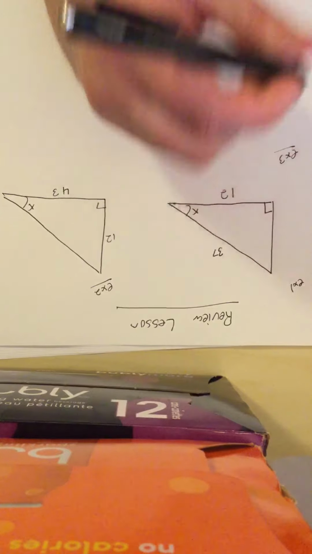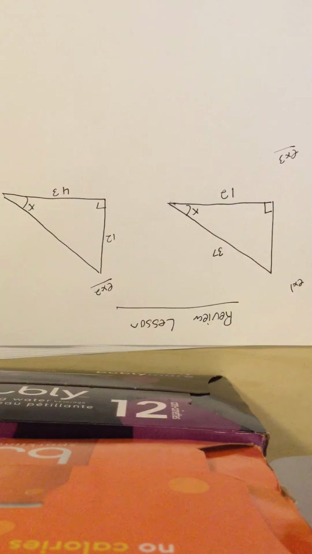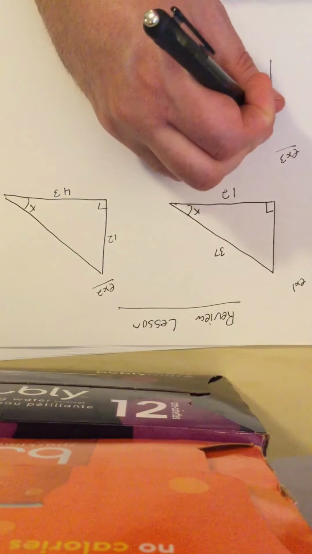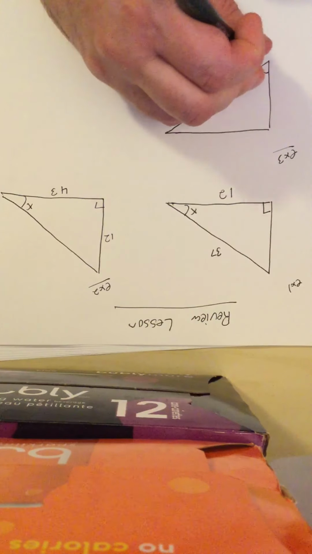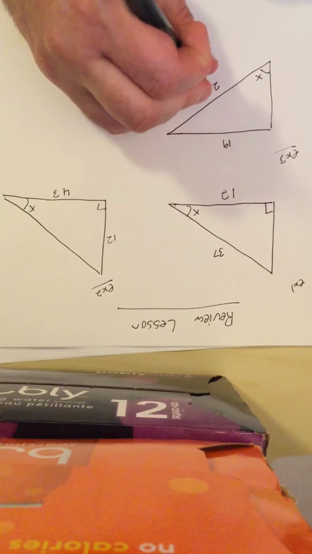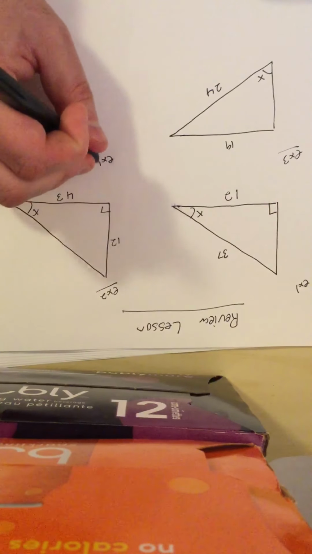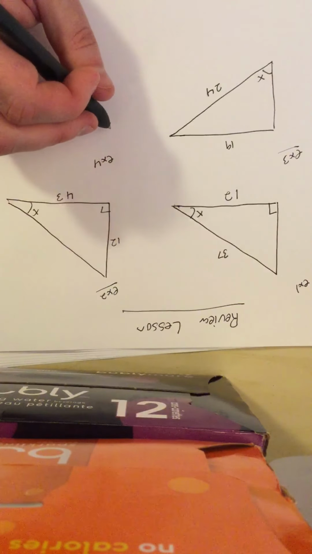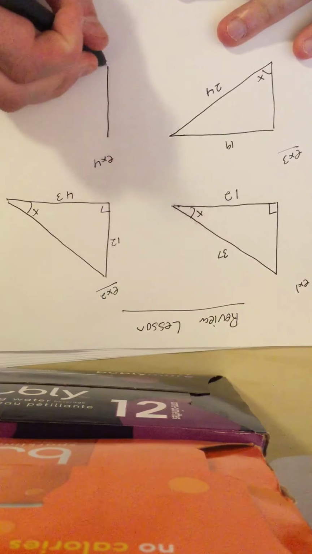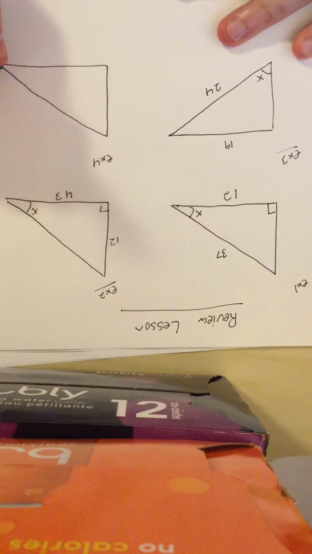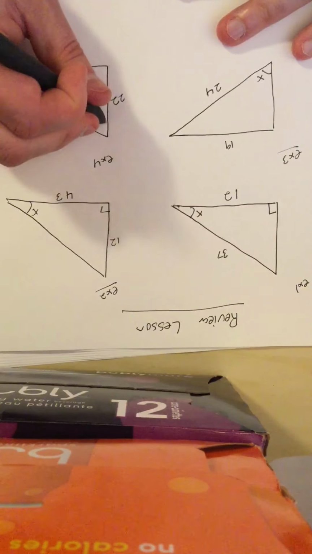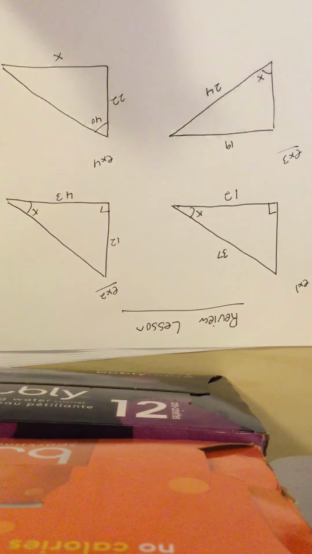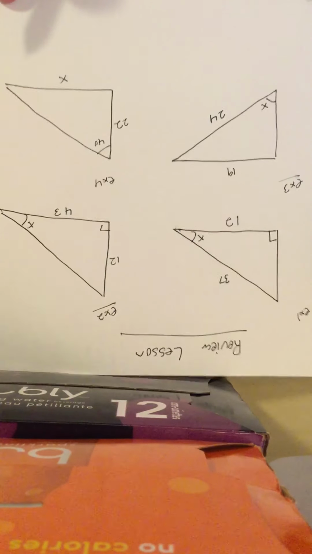Example 3 was x, 19, 24. And example 4 was 22, x, 40.